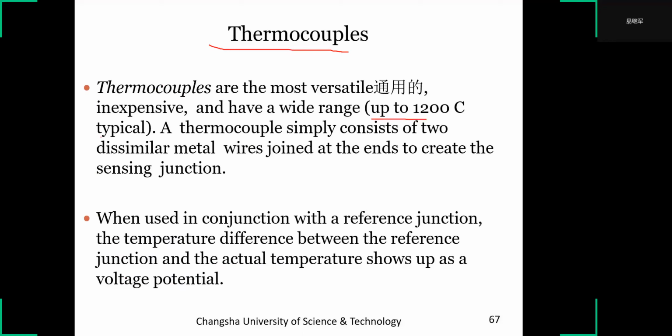A thermocouple simply consists of two dissimilar metals joined at the end to create the sensing junction. When used in conjunction with a reference junction, the temperature difference between the reference junction and the actual temperature shows up as a voltage potential.